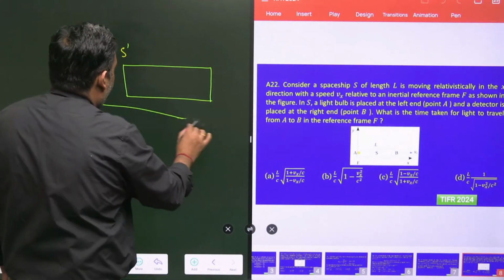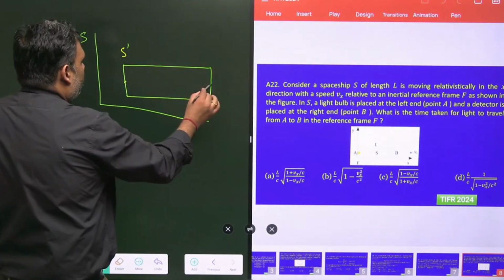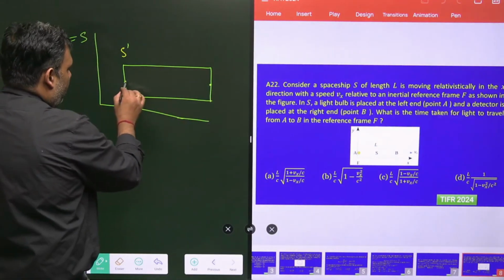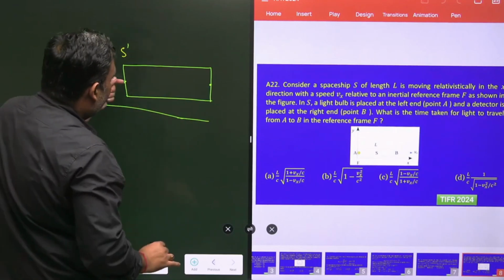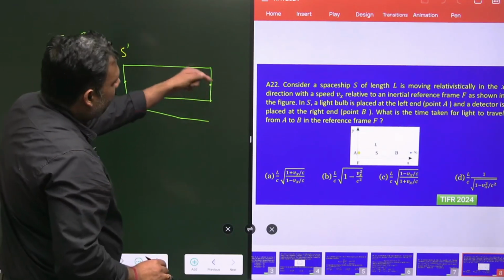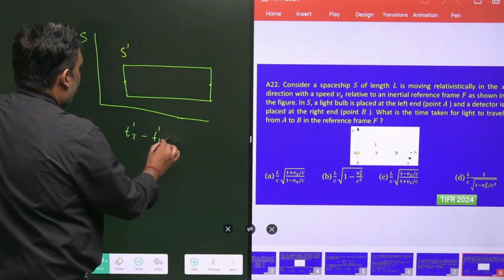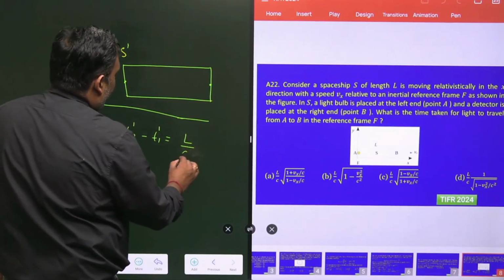Suppose the light pulse is emitted at time t1 dash in S dash and reaches B at t2 dash. Then t2 dash minus t1 dash is L upon C.